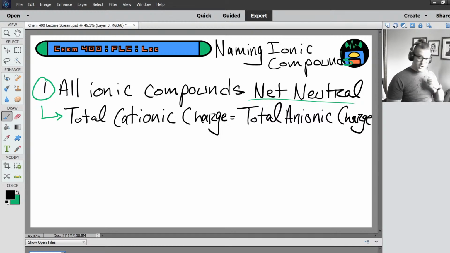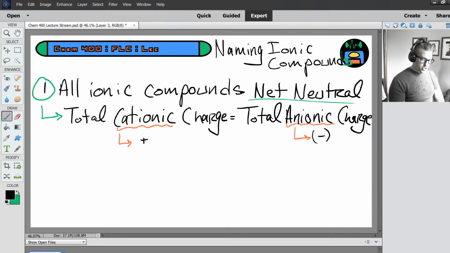And you'll remember that cations are positive and anions are negative.